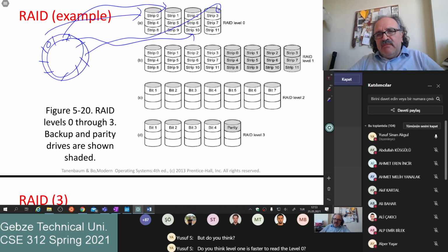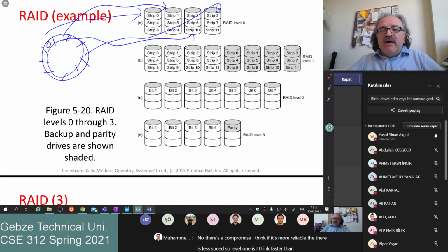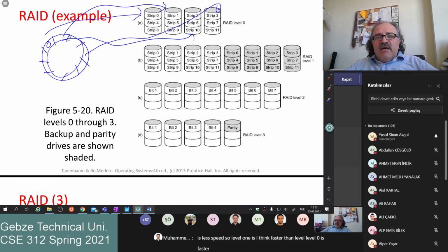What do you think? I know it is more reliable. No, there is a compromise, I think. If it's more reliable, there is less speed, so level 1 is, I think, slower. Why? In terms of reading, I am not talking about writing. In terms of reading, why do you think that level 0 is faster?